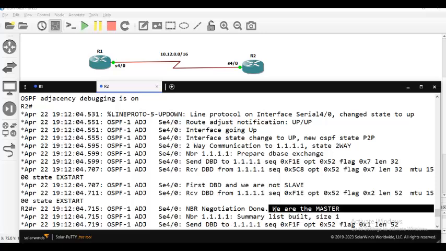But this is a serial link, no DR/BDR is needed. So temporarily there is a master and slave, so that master can start distributing the DBD, followed by slave. After that, there is no more master, no more slave. Just for deciding who will start the DBD. This master-slave relationship won't continue.